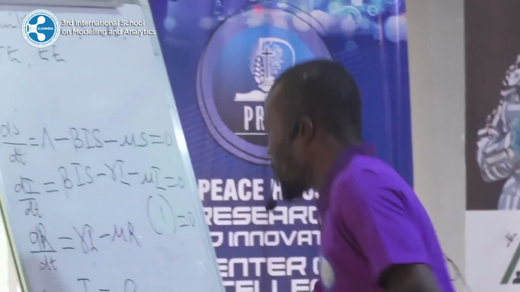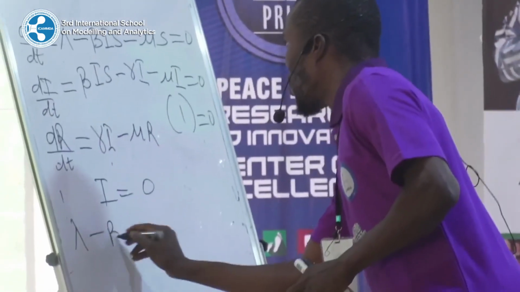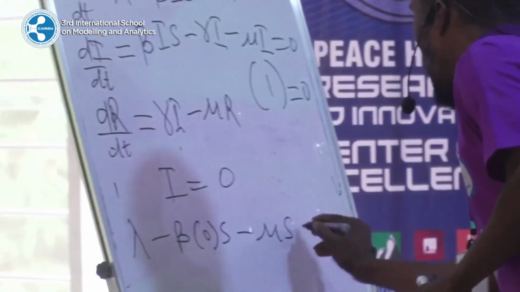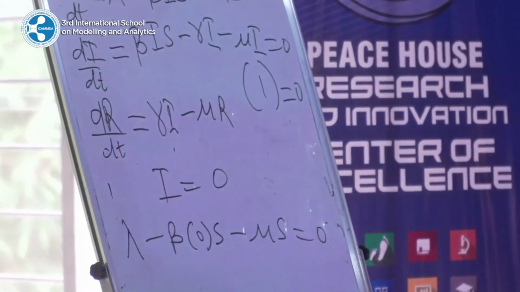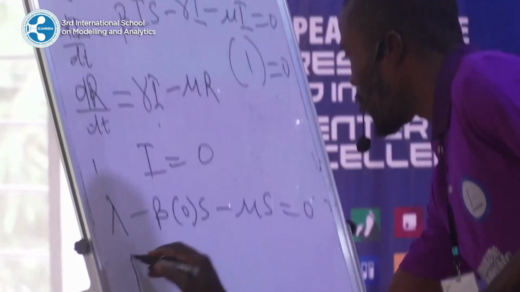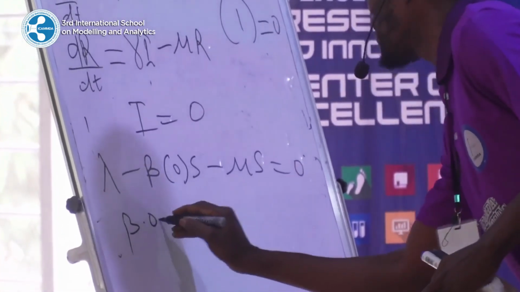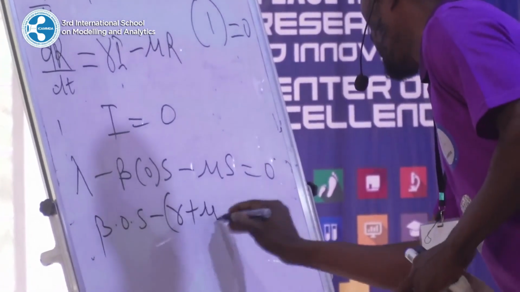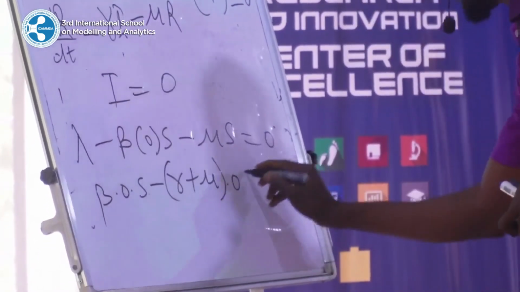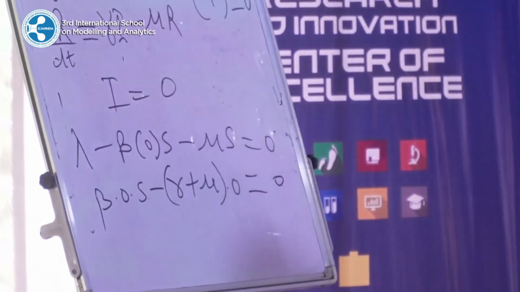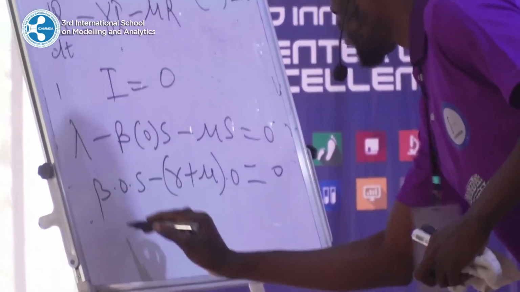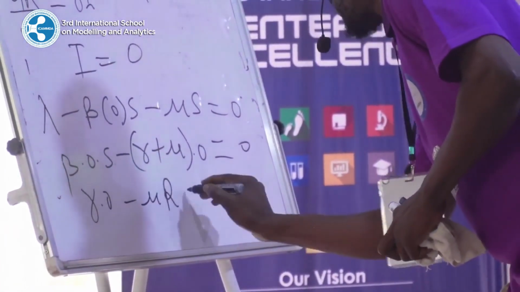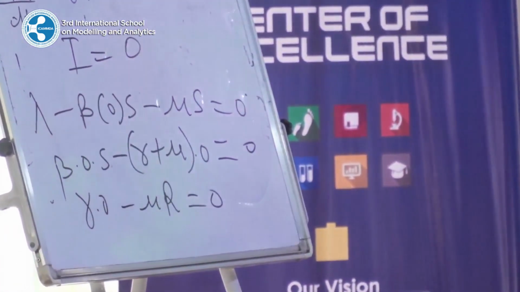The first equation, we have lambda minus beta times 0 times S minus mu S is equals to 0, right? The second equation, we have beta times 0 times S minus (gamma plus mu) times 0 is equals to 0. And lastly, we have gamma times 0 minus mu R is equals to 0.